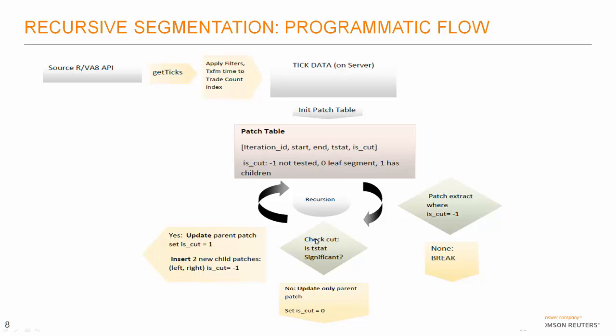If there's no significant cut to be made, then all we have to do is update the parent patch to set the isCut flag to 0, and the parent patch now becomes a leaf or end terminal segment.